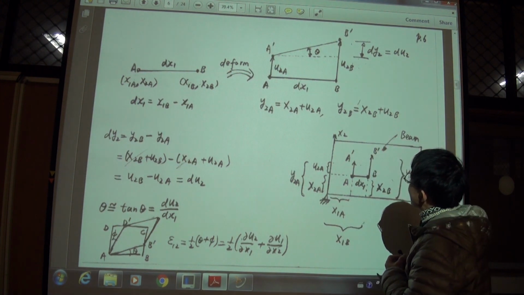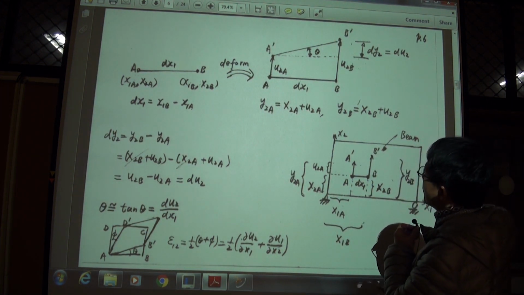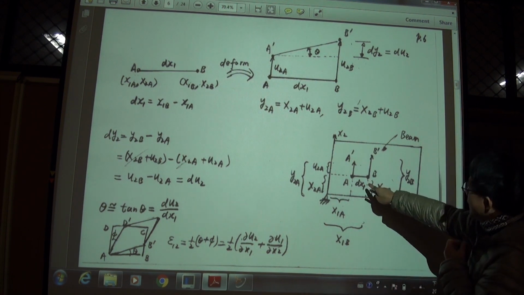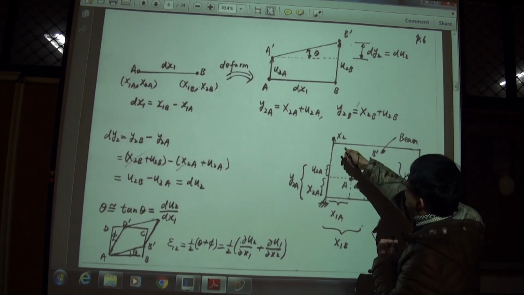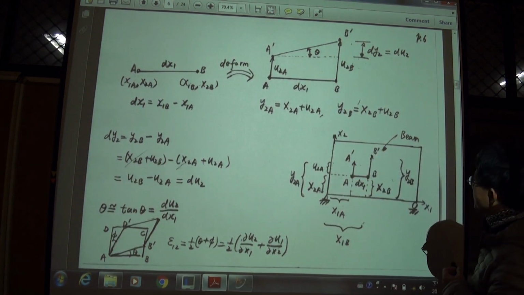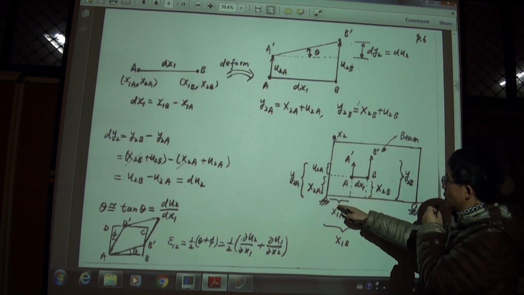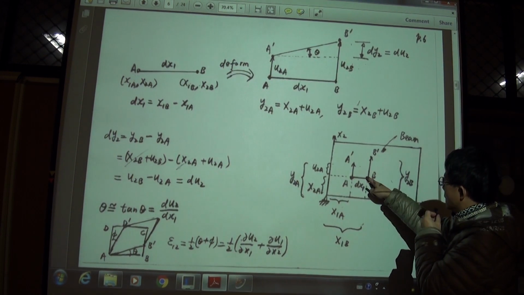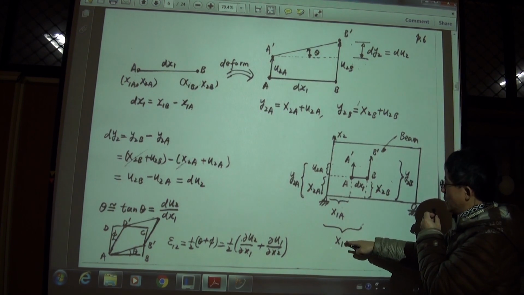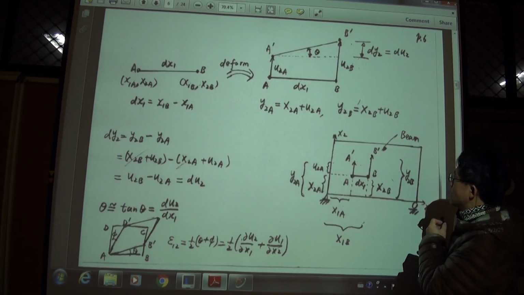Okay, let us look at the global picture of this material line. See, we have a material line here, just like this, AB. It has an original horizontal coordinate, x1a. This is the horizontal coordinate x1b in the horizontal direction.